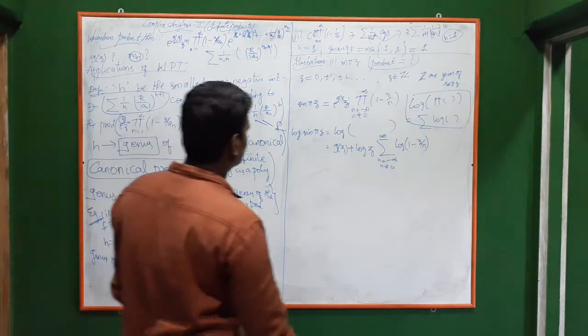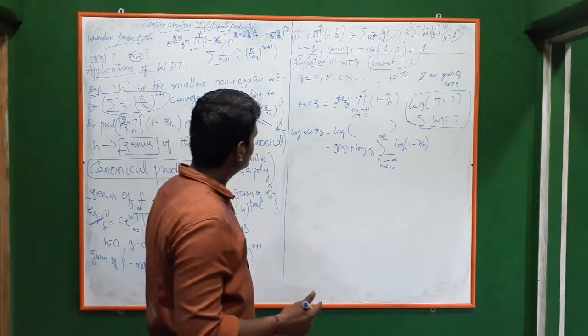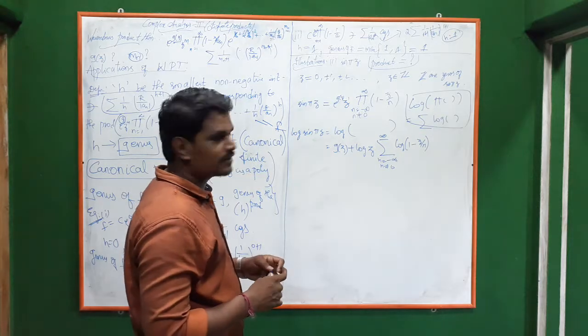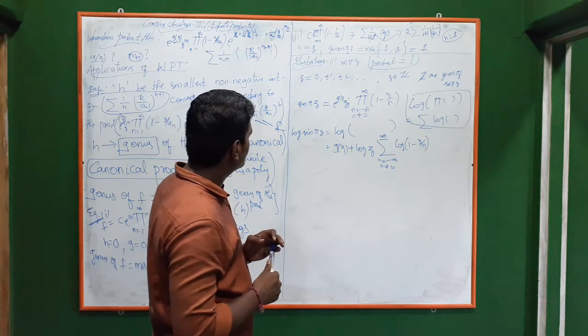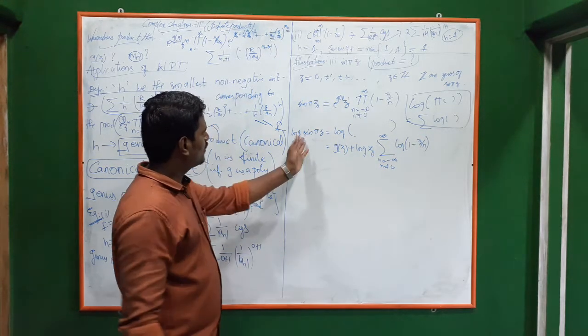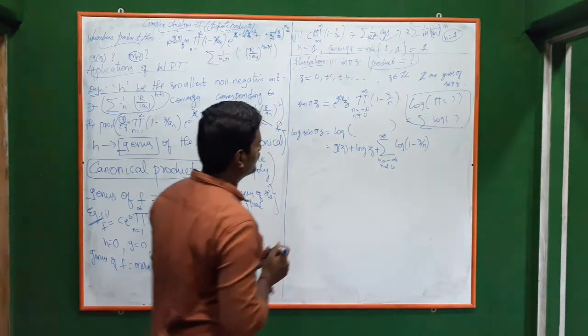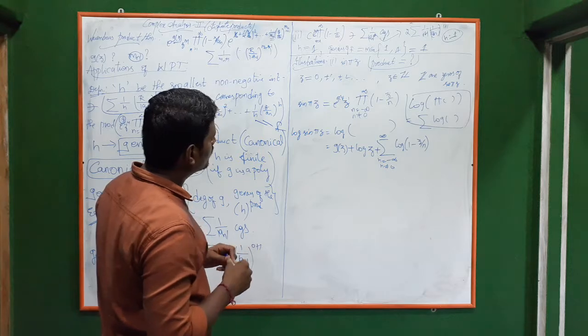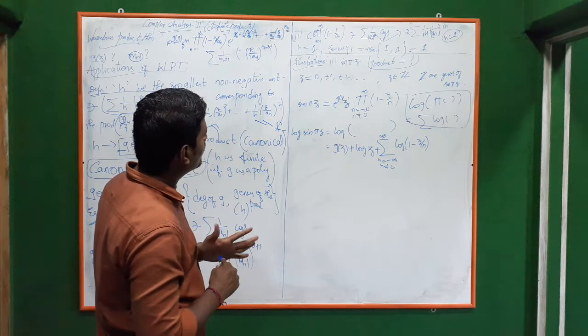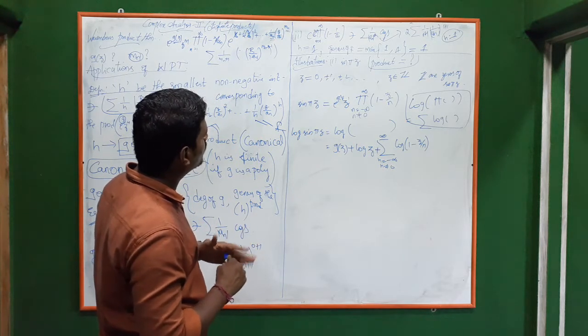Clear. This is there. Now remove the log. You have to remove the log again. So what do you have to do? Just differentiate. If you differentiate, the log will be removed over there.